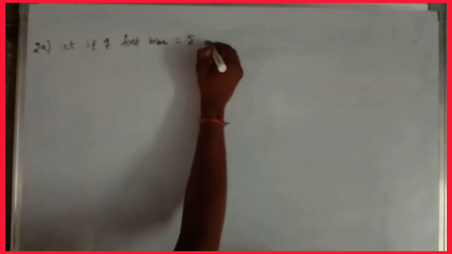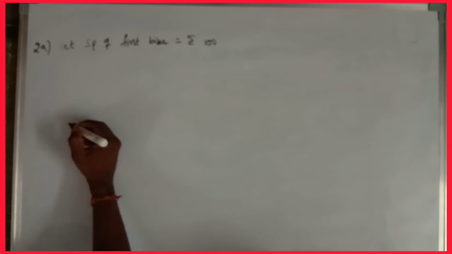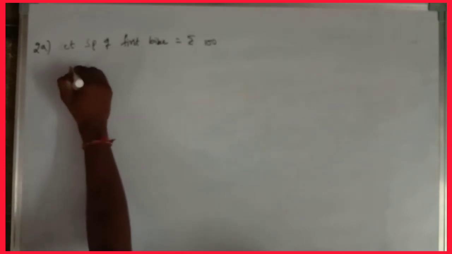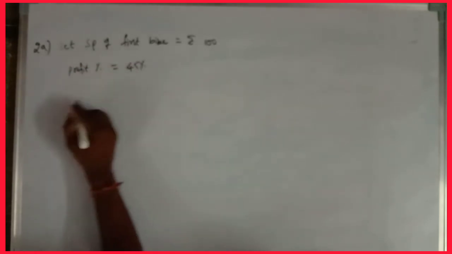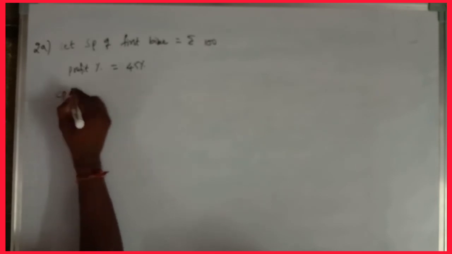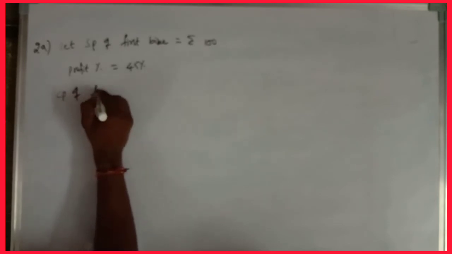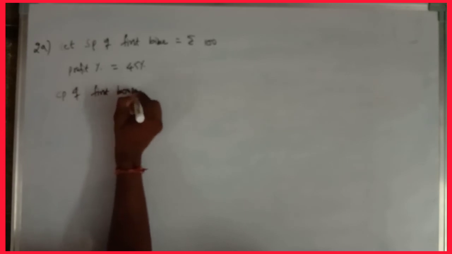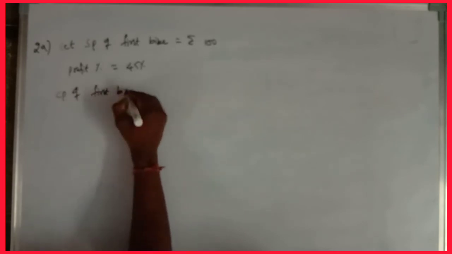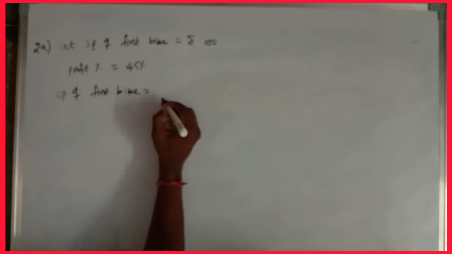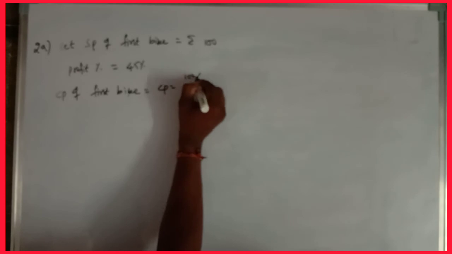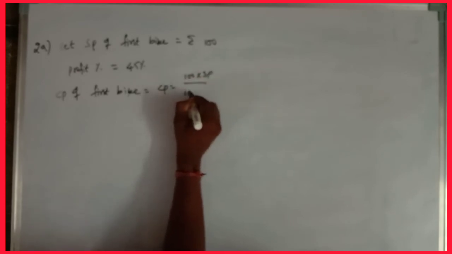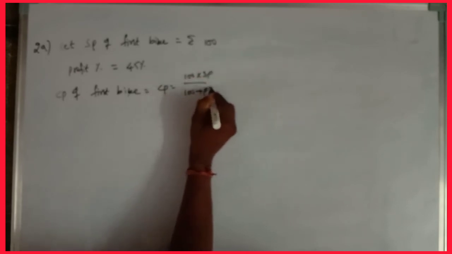Okay, and it is there that profit is 45%. Profit percentage is equal to 45%. Now I want cost price. Cost price of first bike, that is CP, is equal to 100 into SP by 100 plus profit percentage.